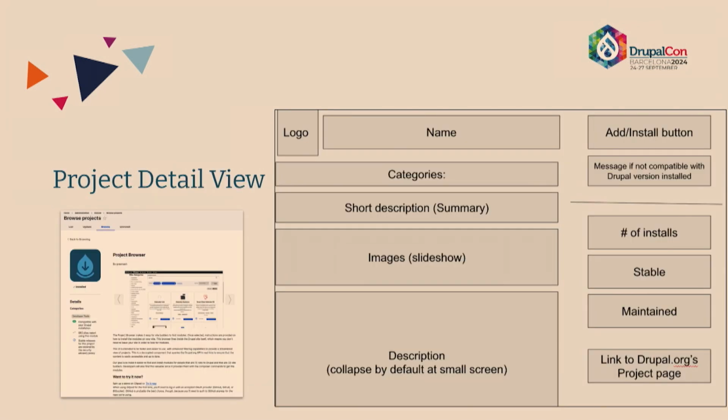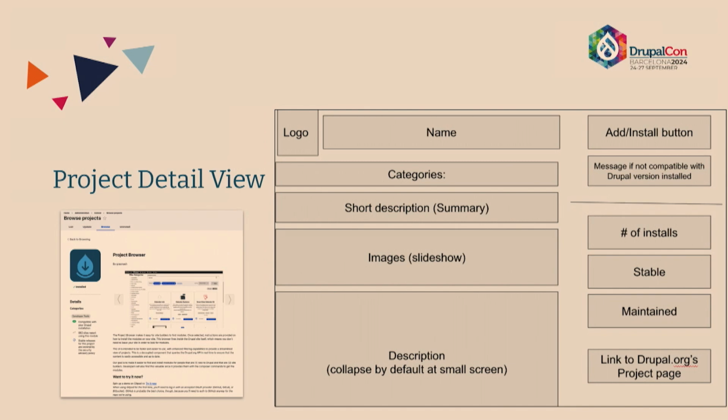And then there's the detail page. So the prior page showed you the snapshot, the little cards. This gives you the details. We're still working on this. If anybody wants to help out, we're at blocked, keeps failing test. Changes were made, and then it broke everything. So we're trying to get this in because this is important for you to have the next set of information from Drupal.org, so you don't have to go out to the other website.